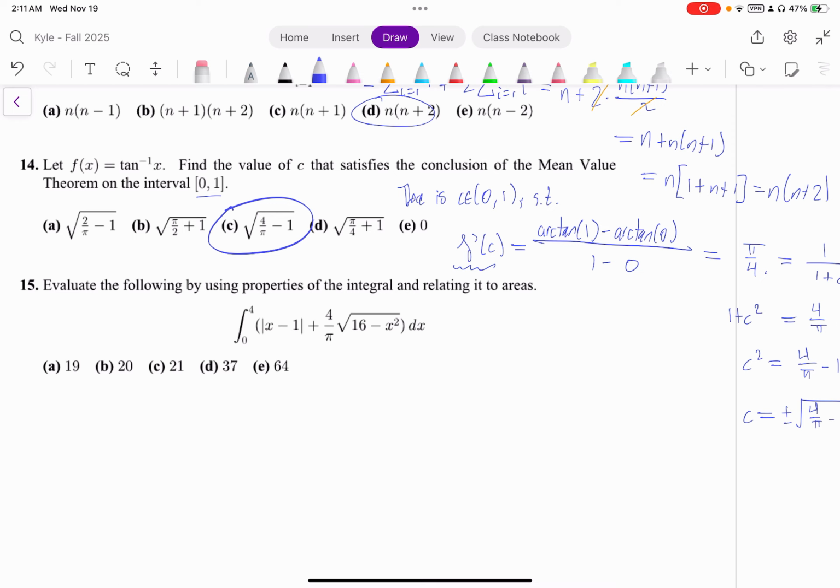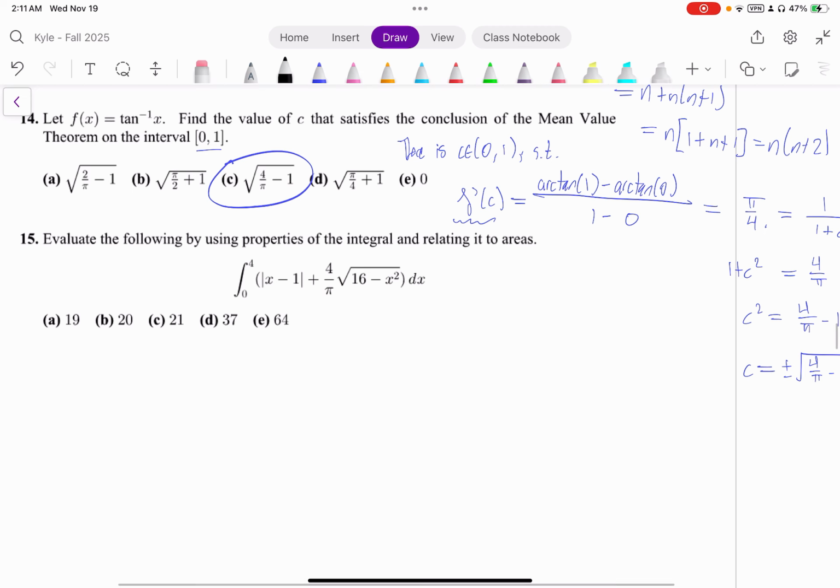We'll evaluate the following using the properties of the integral and relating it to areas. So we're integrating from 0 to 4. So let's draw up this region, 0 to 4. Absolute value of x minus 1 plus 4 over pi times the square root of 16 minus x squared dx.